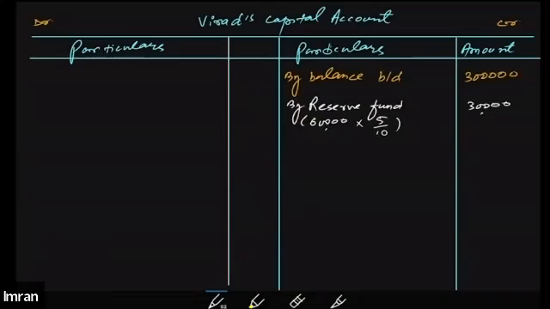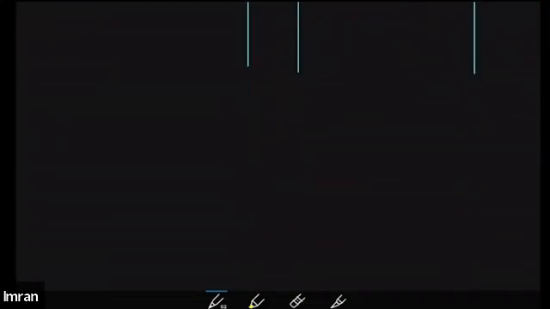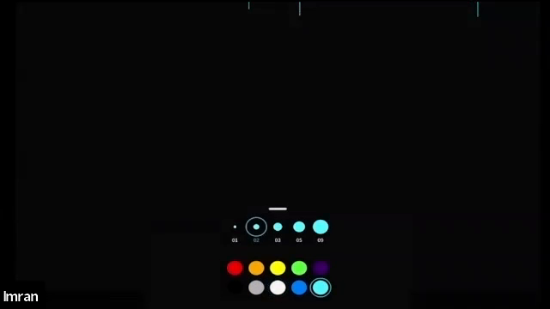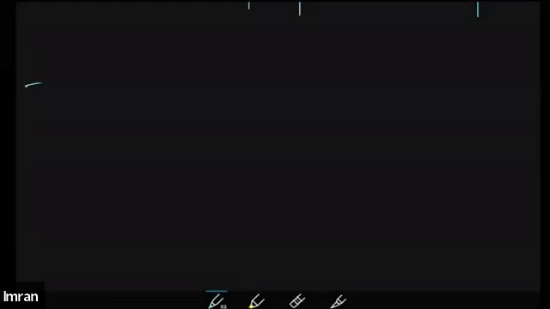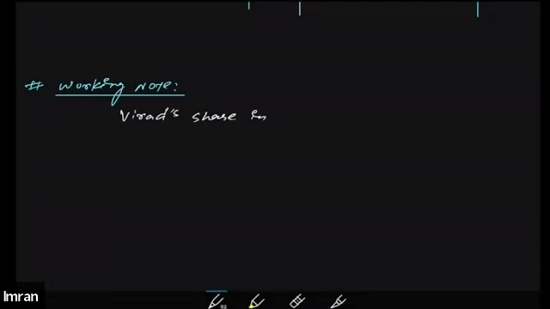Okay, so let's find out Virat's share in the goodwill. We need to prepare a working note first. Virat's share in goodwill of the firm.